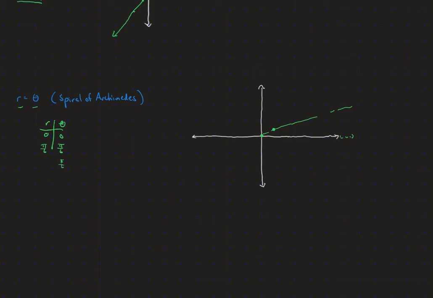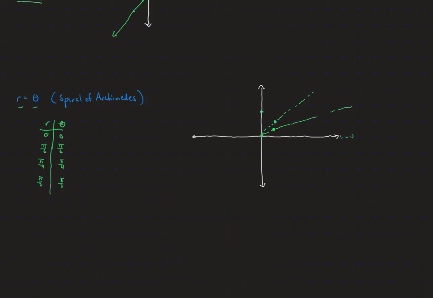If we did pi over 4, then we know we're at this angle, a 45-degree angle. That's now about 3/4. So that's going to be a little further away than we were at pi over 6. When we go to, say, pi over 2, now this is like 3/2, like 1.5 for our r value. It's going to be something like in here, and it's going to keep going.